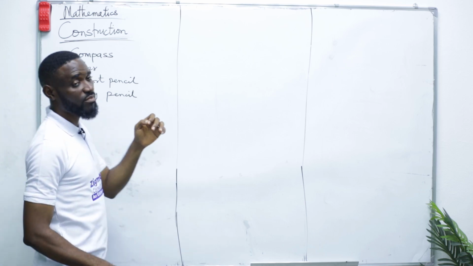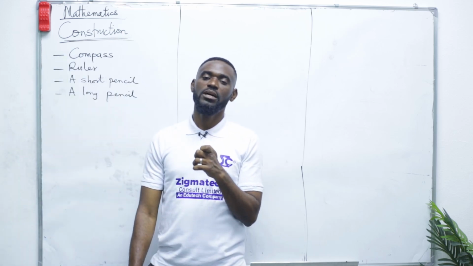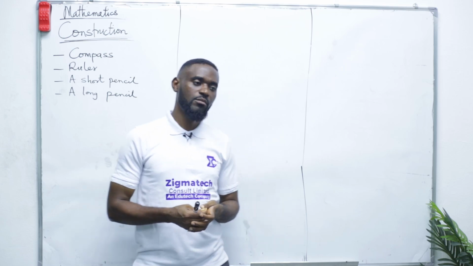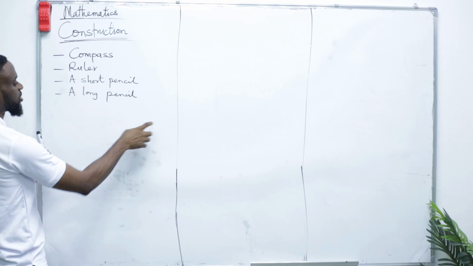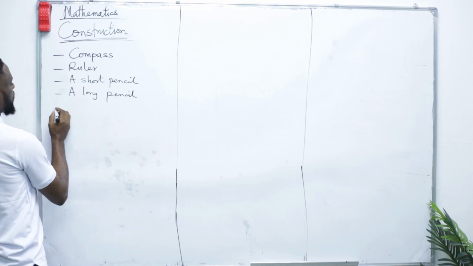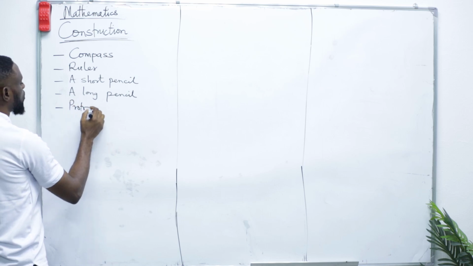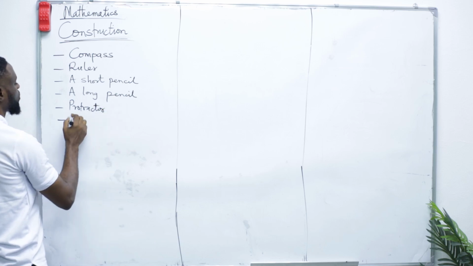These are basically some of the things we need to do our constructions. Then maybe additionally, to trace points, we can have a protractor to measure an angle, or also need a divider.